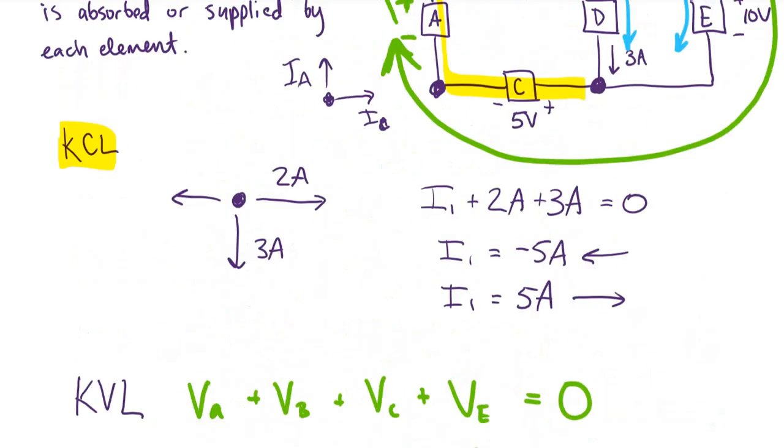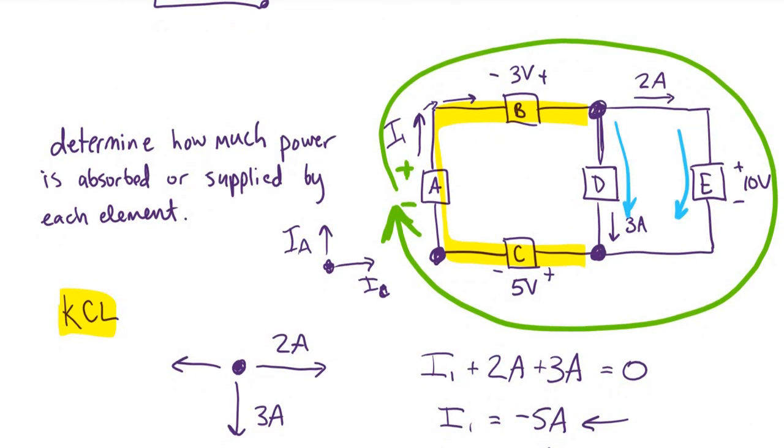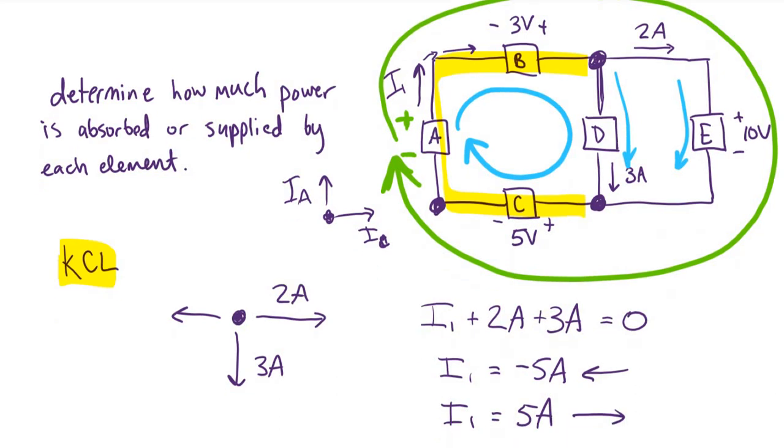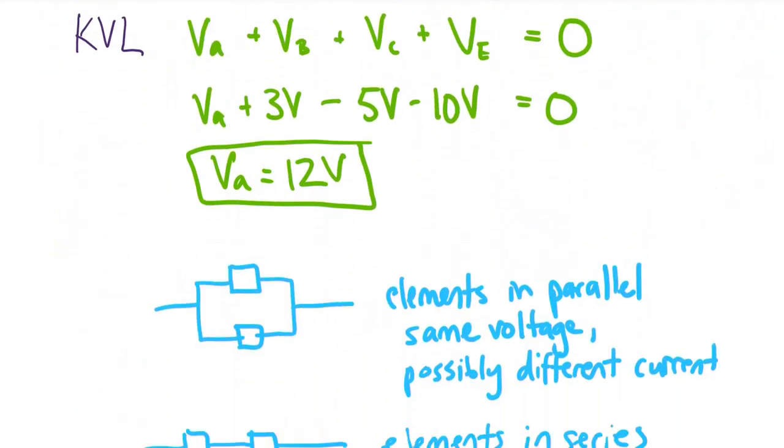Anyways, if you didn't make the observation that elements D and E are in fact in parallel, what you could do is a second voltage loop analysis around this interior loop, and that would be just as fine. And what you would find is, because elements A, B, and C are still the same, by necessity, element D would be that 10 volts.